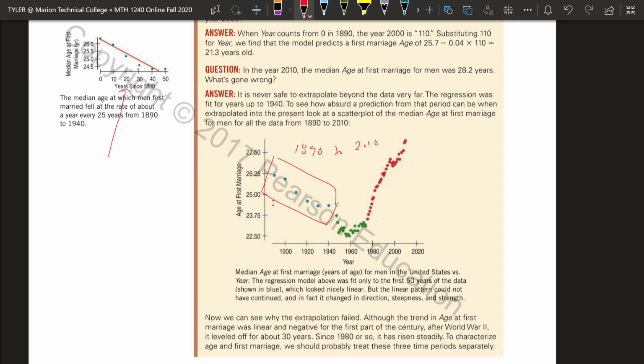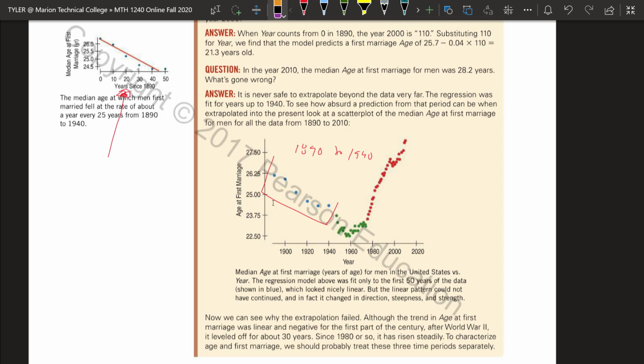So we have this data with just 1890 to, no, that was 1910 or 1940, right? Sorry, that part is just to 1940, right? So that graph looks to be very linear. It makes sense for that to be a linear model, and that's what we have highlighted in blue, right?